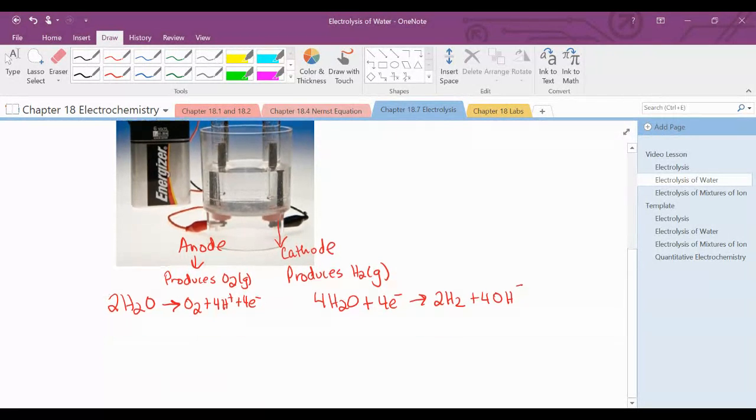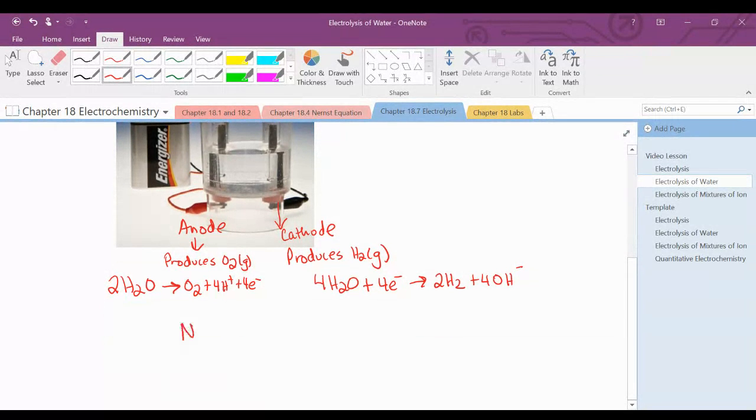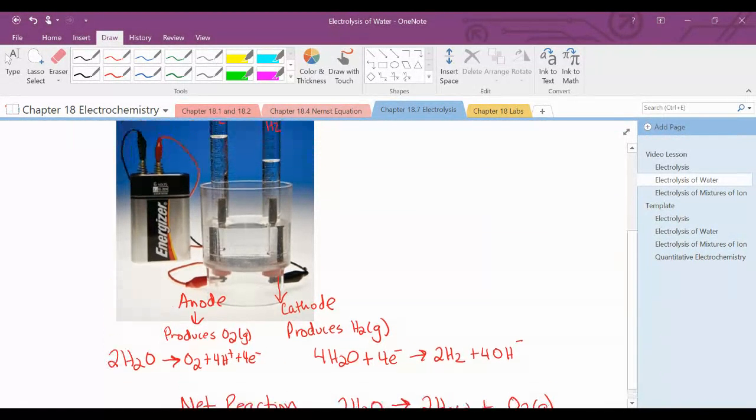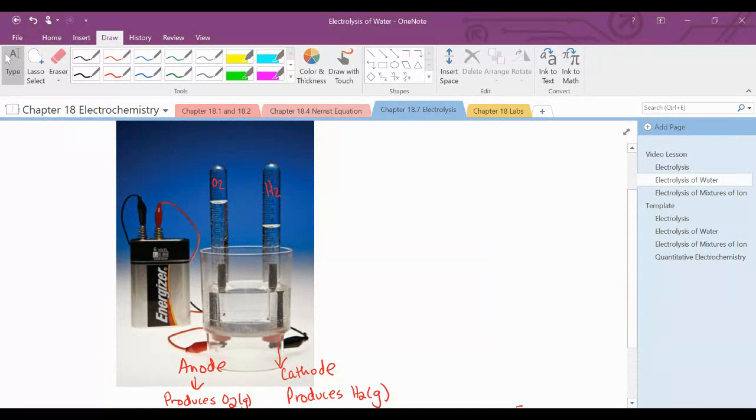When you combine these half reactions together, you will get 2 water molecules forming hydrogen gas plus oxygen gas. You can see that for every 1 mole of oxygen gas, there are 2 moles of hydrogen gas formed. This is obvious in the diagram here. You have twice as much hydrogen gas in the tube.